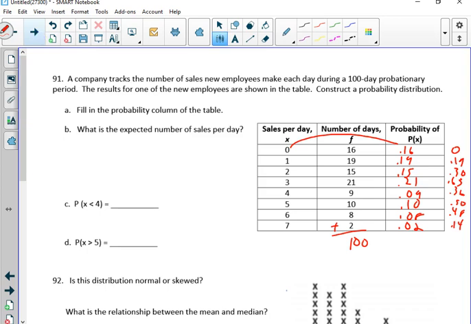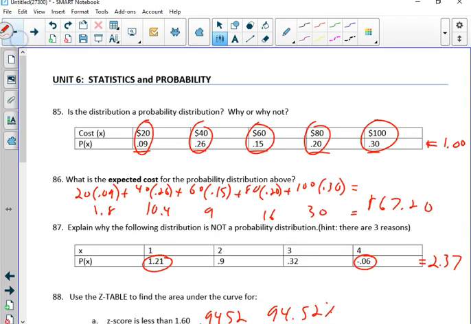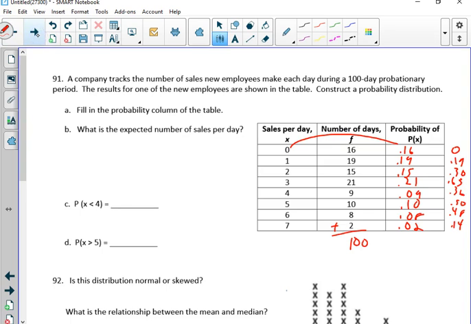We've done that before. That is the same thing as what we did right here, or actually right here. Multiply them out. Okay? And then we're going to add those up. 2.6. The expected value, okay, or the expected mean is 2.6.